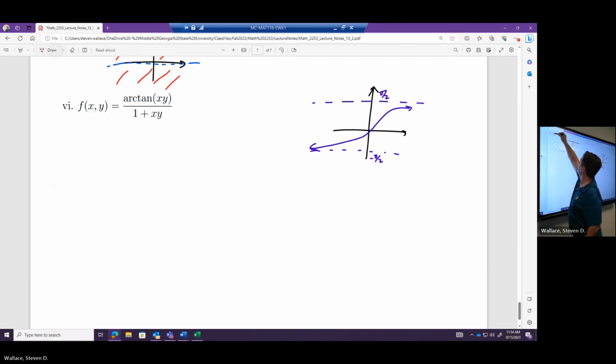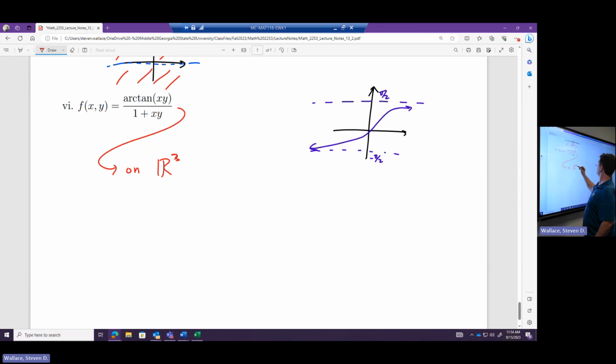And so this is continuous on all of R2, except where the denominator is 0. But that is when y equals -1 over x, right?